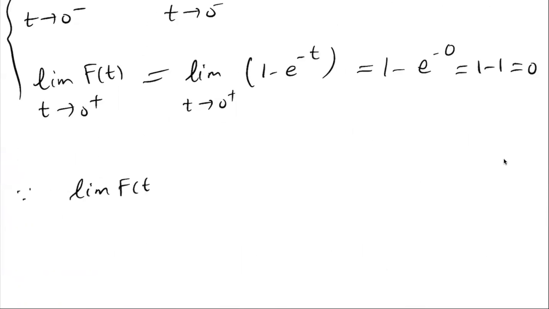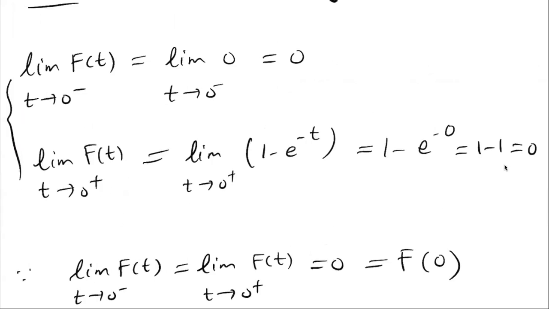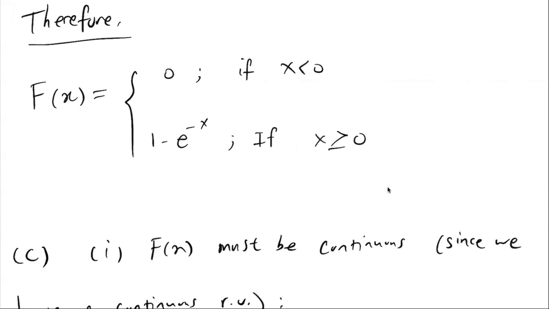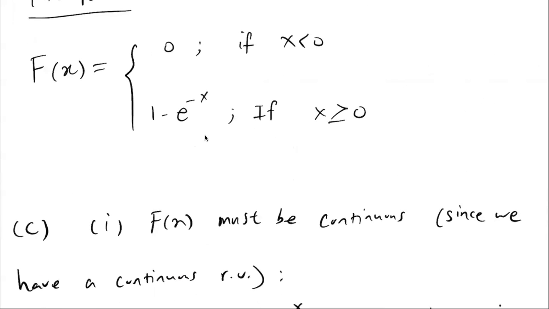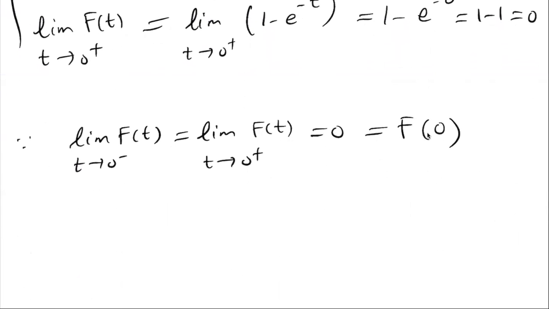So we show that the left limit is the same as the right limit, same as 0, and 0 means F of 0. F of 0 is 1 minus e to power 0, which is also 0. So when can I say that the function is continuous at a given point? If the left limit and right limit and the output are all the same. So left limit, right limit, and F of 0 in this case are all 0. So all these three are equal.